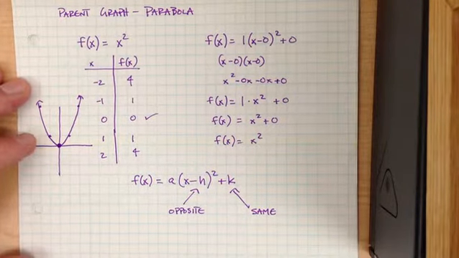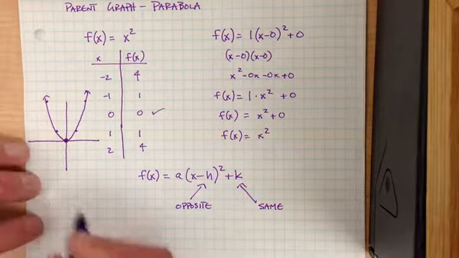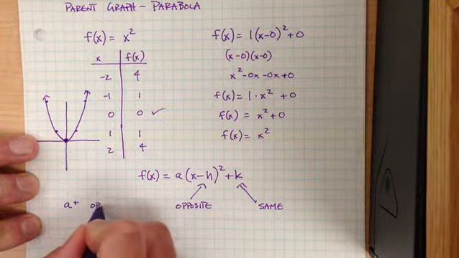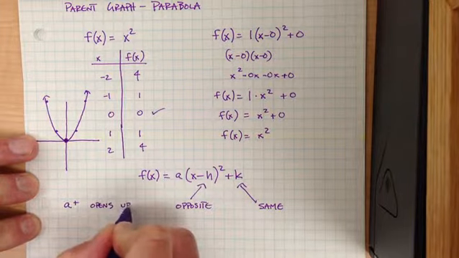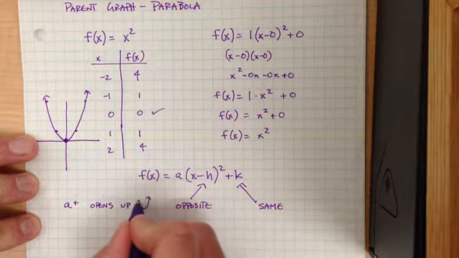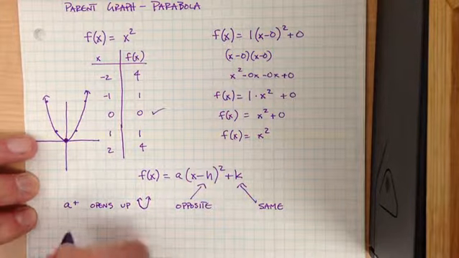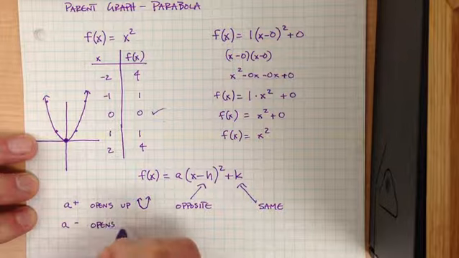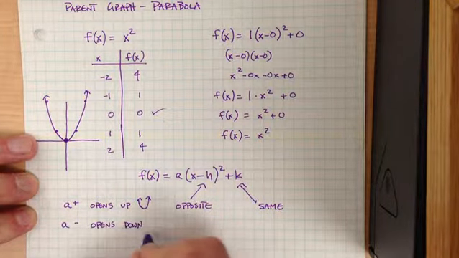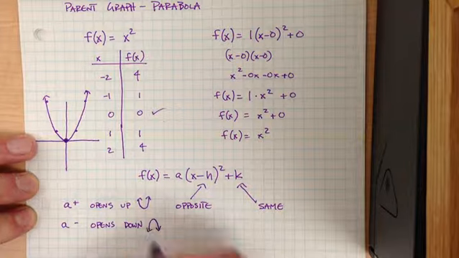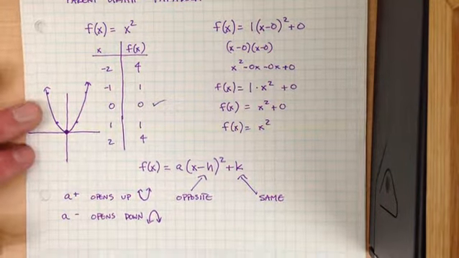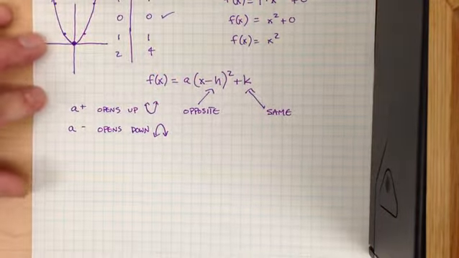a gives it its shape. Let's talk a little bit about its shape right now. If a is positive, your parabola opens up. Opposite of that, if a is negative, it opens down. Now we can talk a little bit about the wideness, the narrowness of this parabola from a. We need to look at the absolute value of a.